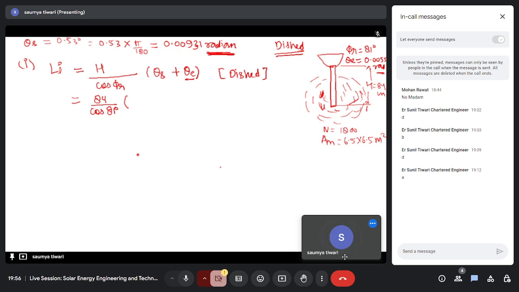So it will be 0.00931 plus 0.0055, this is in radian, right? So if you solve this, your length of the image will come out to be 7.952. This will be in meter.